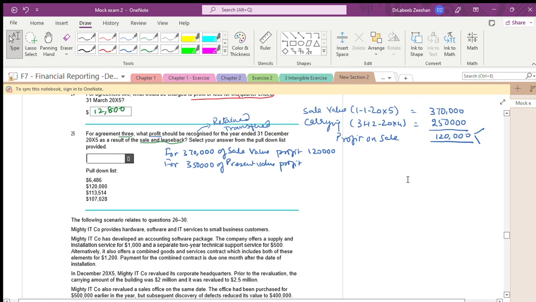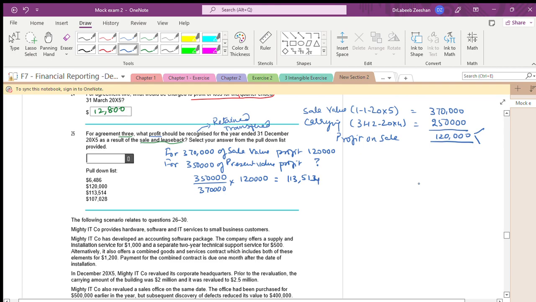Profit is question mark. 350 divided by 370, into 120. It comes to 113.514.